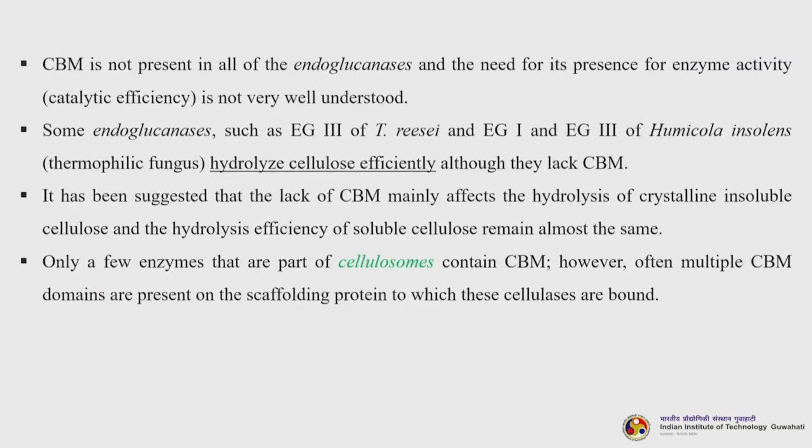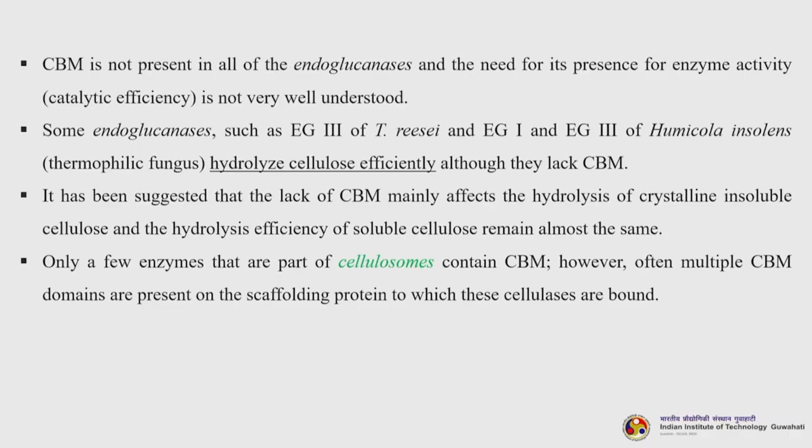Now, CBM is not present in all of the endoglucanases, and the need for its presence for enzymatic activity, that is the catalytic efficiency, is not very well understood. Some endoglucanases, such as EG3 of Trichoderma reesei and EG1 and EG3 of Humicola insolens, that is another thermophilic fungus, hydrolyze cellulose efficiently, although they lack CBM.